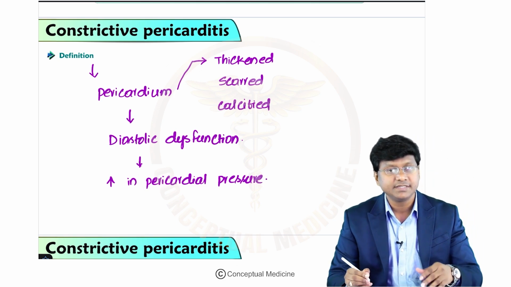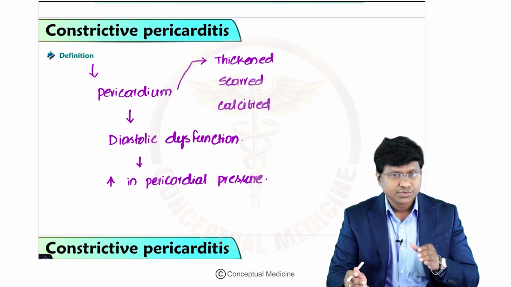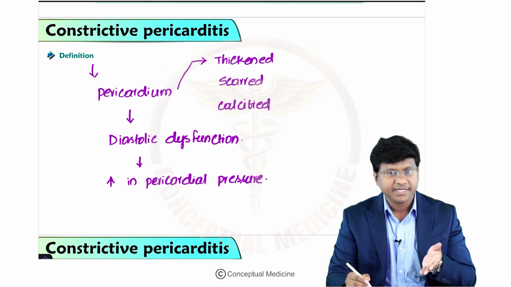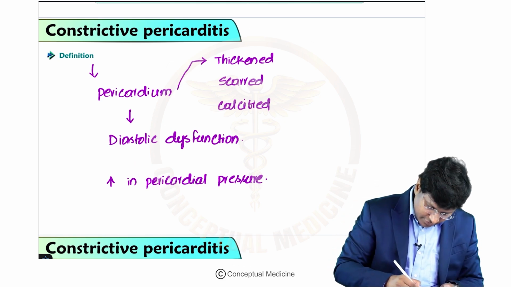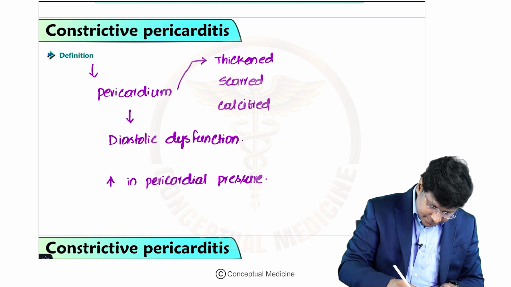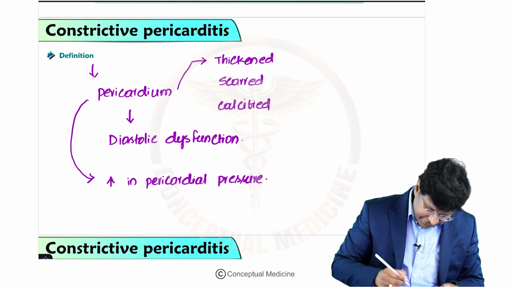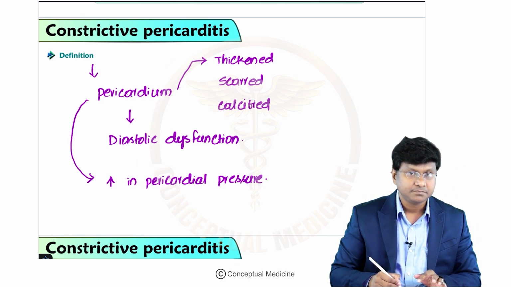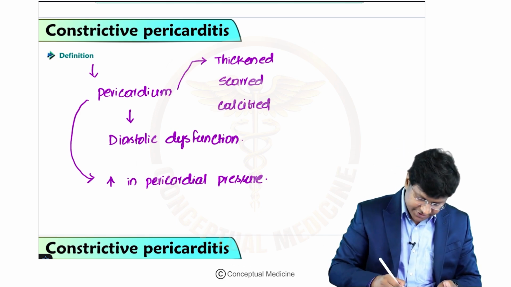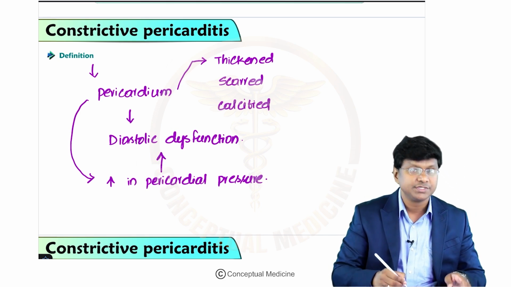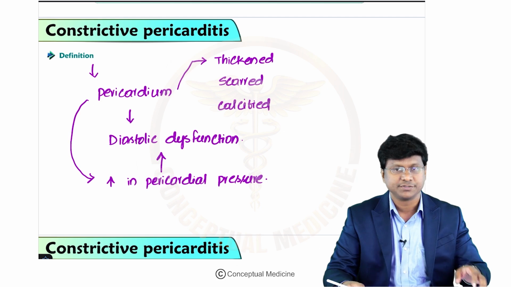So there will be an increase in the pericardial pressure because of the thickening and calcification of the pericardium, due to which there will be diastolic dysfunction.